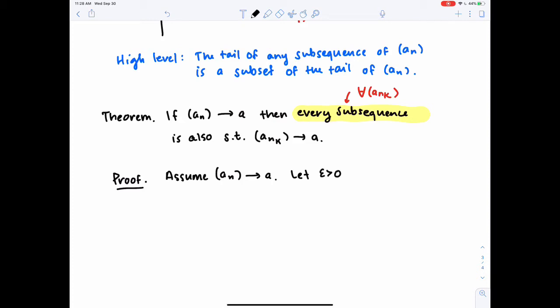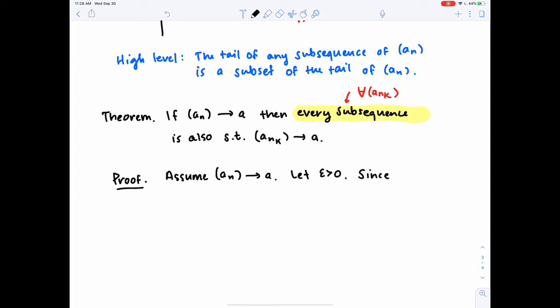So let epsilon be greater than 0. Now I'm looking for a place to chop my subsequence tail. And remember, we said where I want to do that is exactly the same place that I need to chop the tail for A sub n. So I want to introduce that tail now.